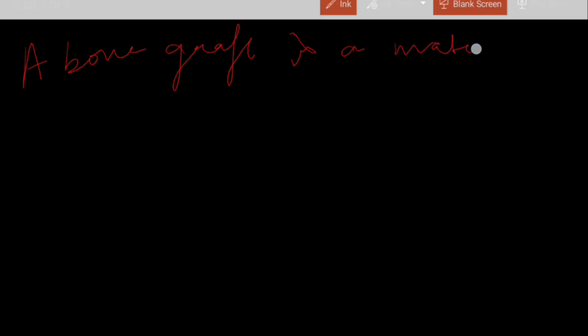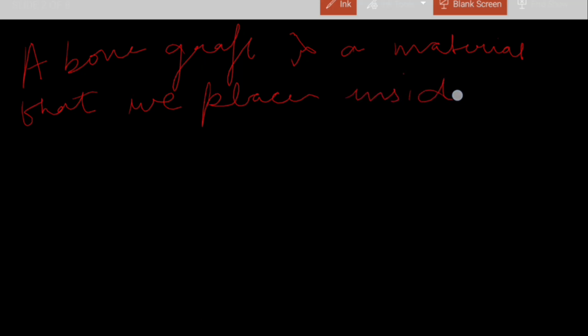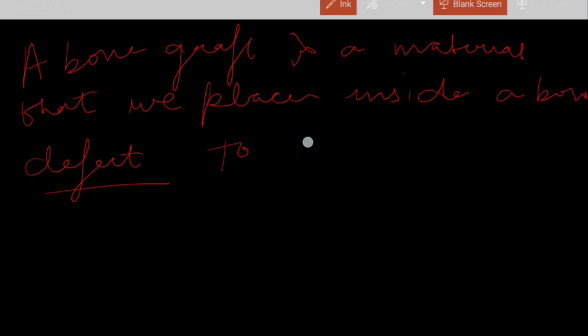So, what is a bone graft? A bone graft is a material that we place inside a bone defect to help the body form the new bone.